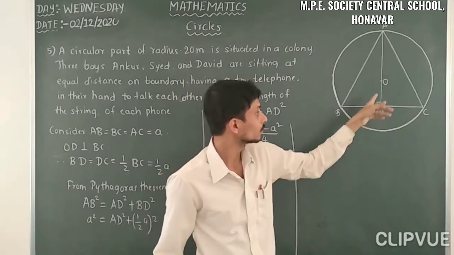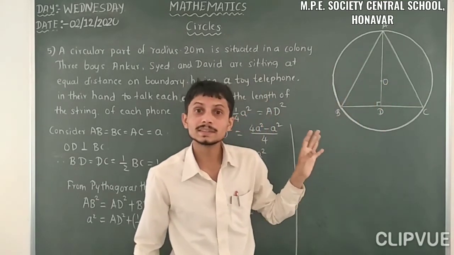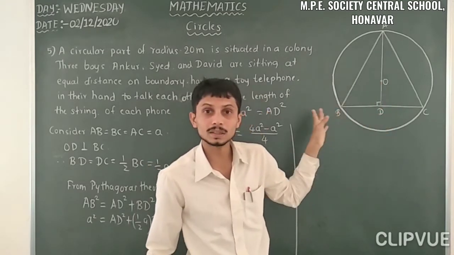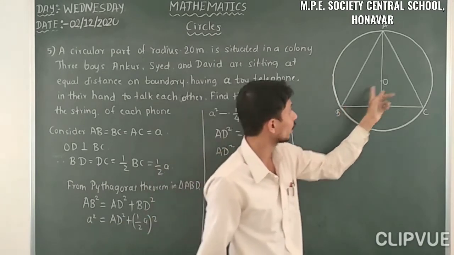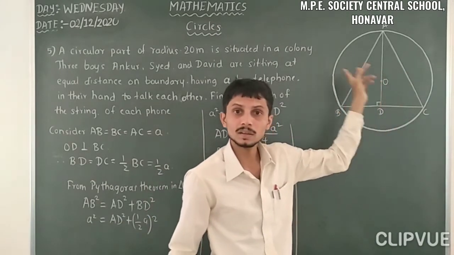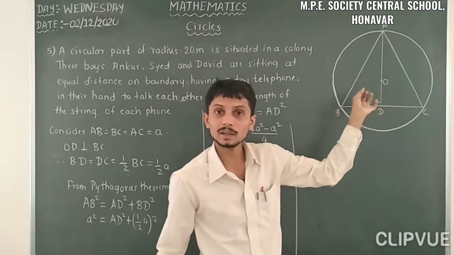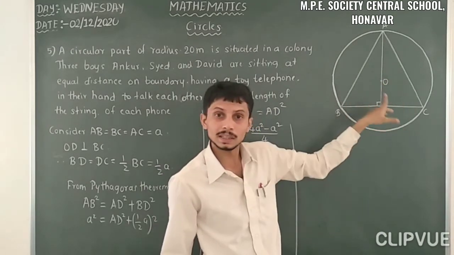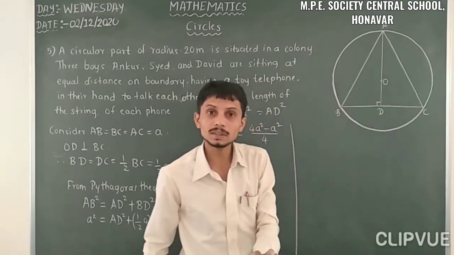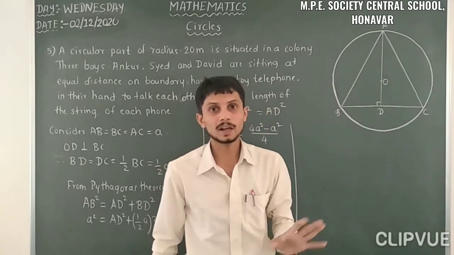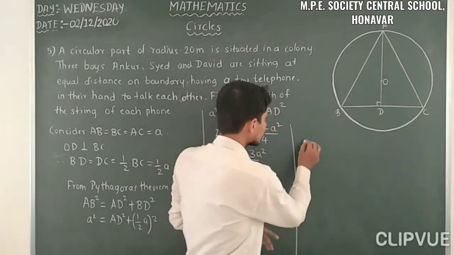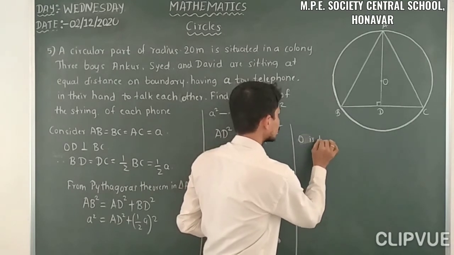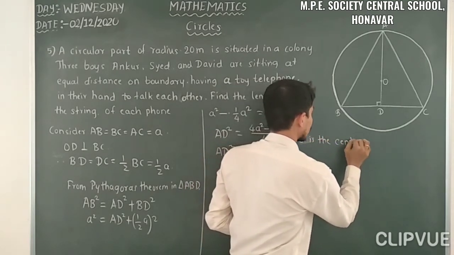At that time, this point becomes the centroid. Centroid means when we join the medians, the midpoints, the three lines meet at one point. That one we call the centroid. We already know that one. So here O is the centroid of the circle.